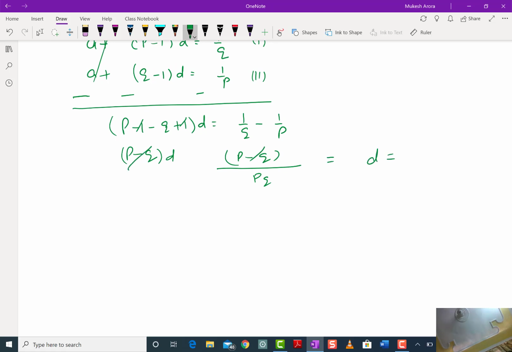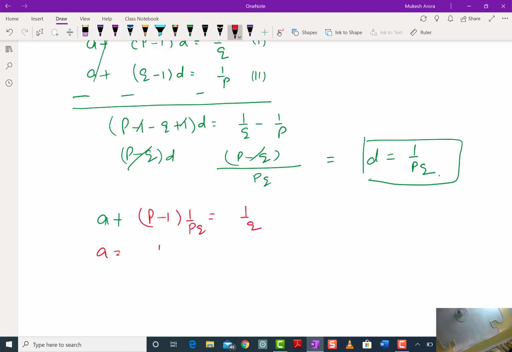D is equal to 1 by PQ. We substitute in A plus P minus 1 D is 1 by PQ is equal to 1 by Q. A is equal to 1 by Q minus P minus 1 by PQ. Again LCM is PQ. This is P minus P plus 1. It is 1 by PQ.